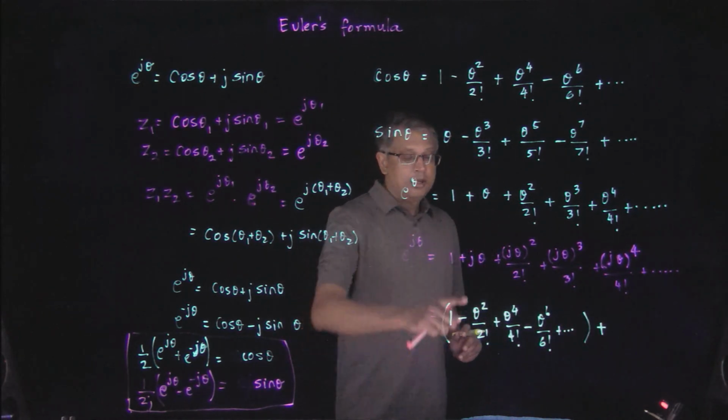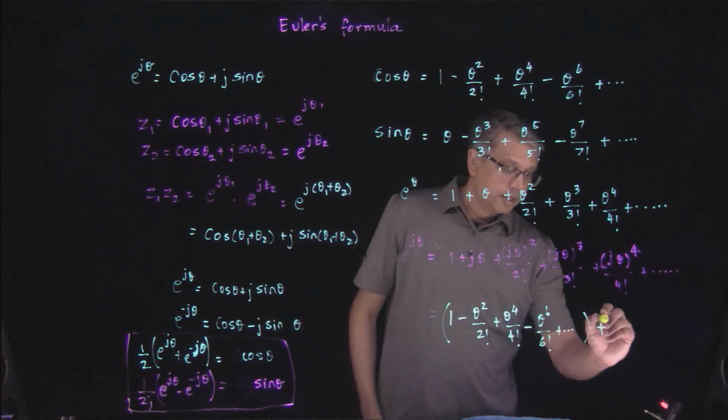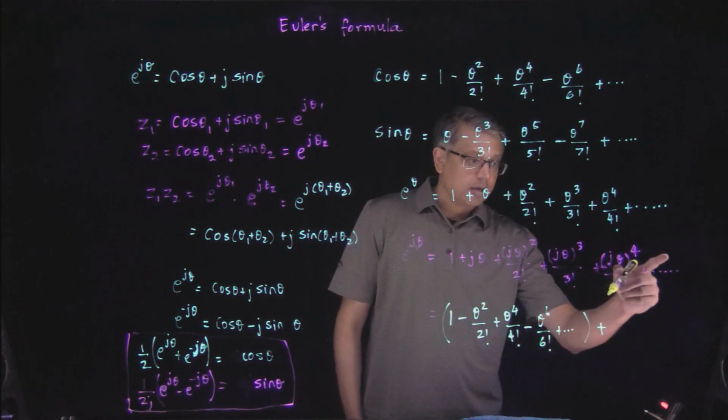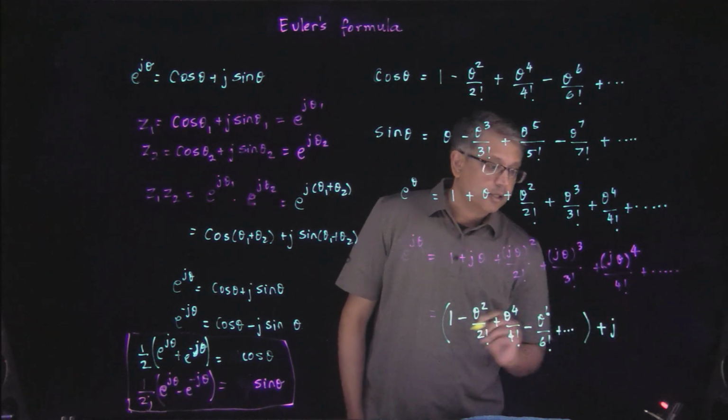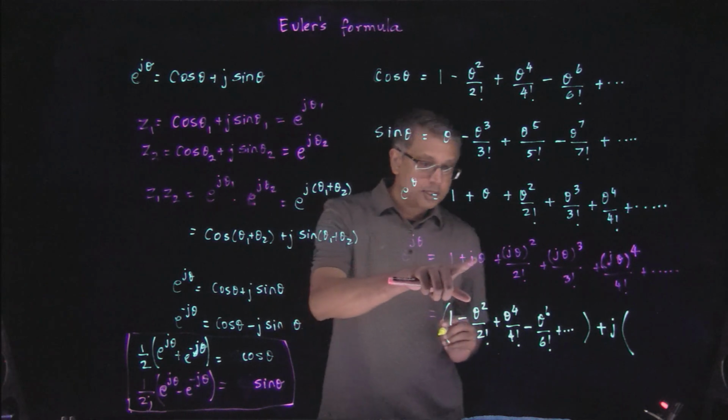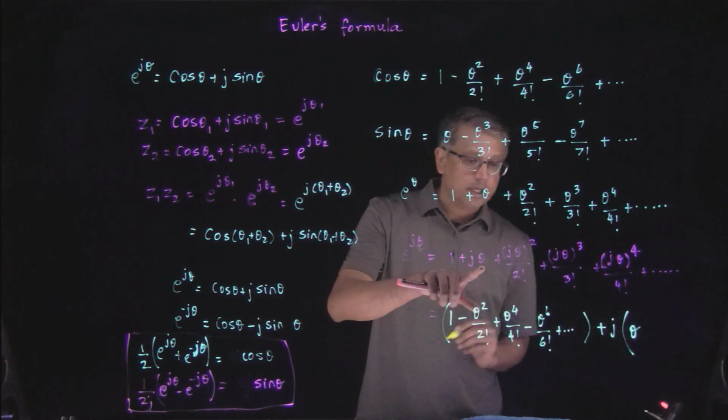And then let's collect all the imaginary terms together. They're going to have a common factor j, so let's factor that out. So then we're going to get j times, this term is going to give you a theta.